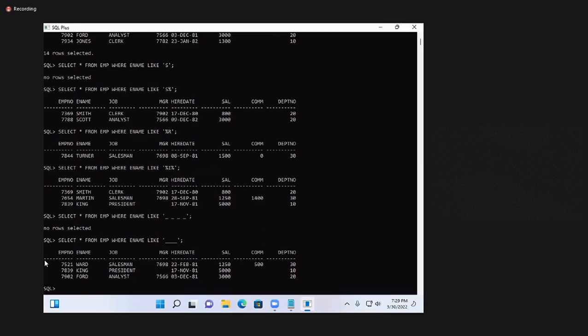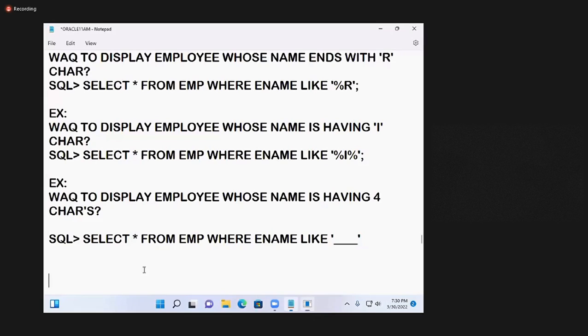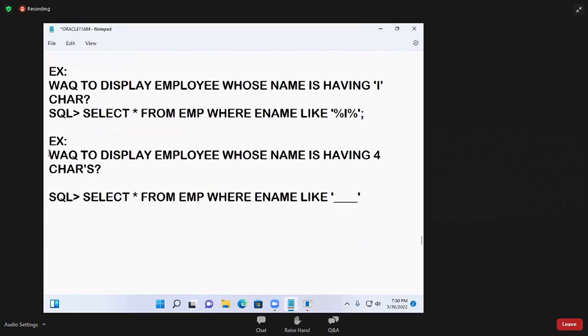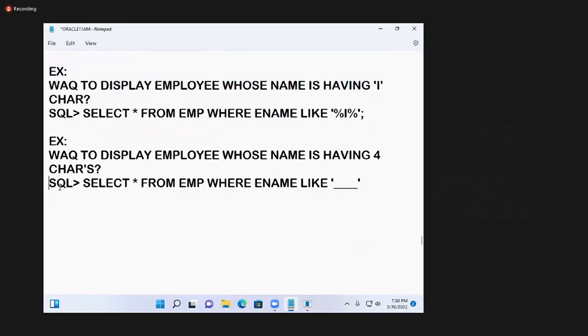The 4-character names were King and Ford. Okay, the next example. So these are different patterns, guys.